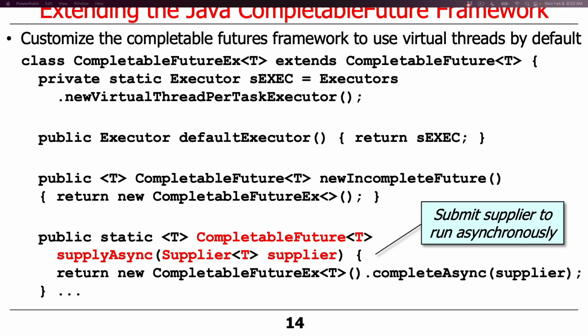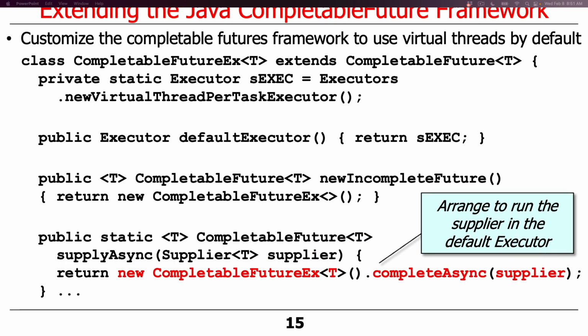What supply async is going to do is take a supplier and make a new completable future, one of these, and then complete that completable future asynchronously using the supplier that's passed into it. And so that's basically how this particular framework is going to work. So given that as background, we're now going to look at a cool example that will demonstrate how to use this feature, and then we'll see how it performs relative to alternative approaches.